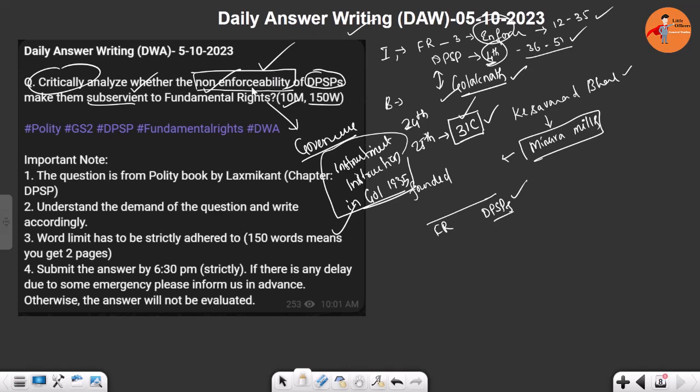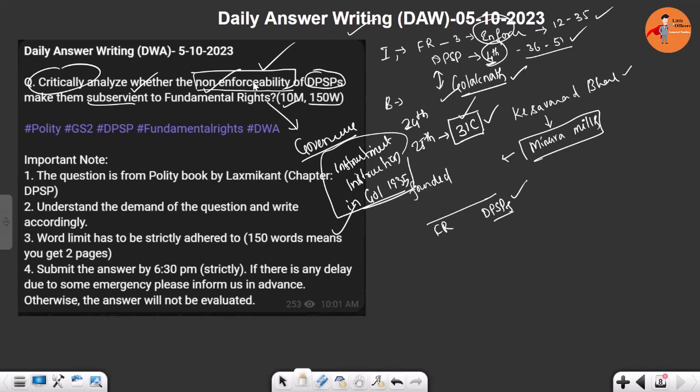If they were made justiciable, there would be a lot of demands, and the newly formed government, in a newly developed country with the constitution, would always be caught up in judicial proceedings. That is the reason why the forefathers kept them under the non-justiciable part. So this is how you can conclude.